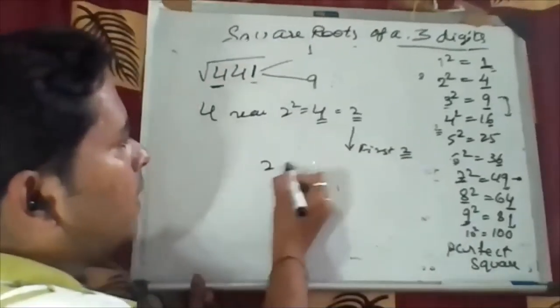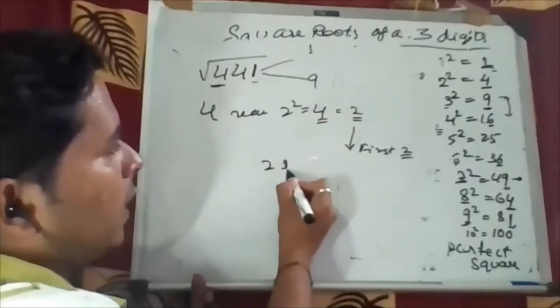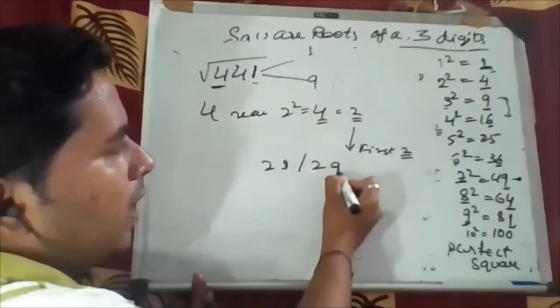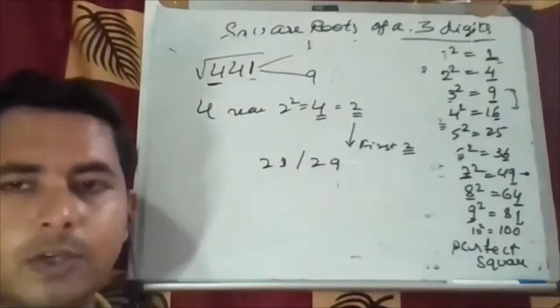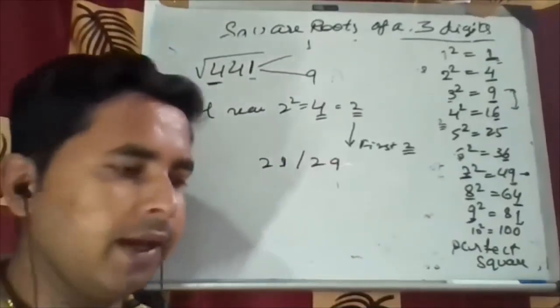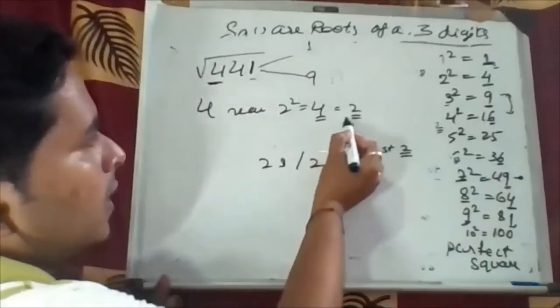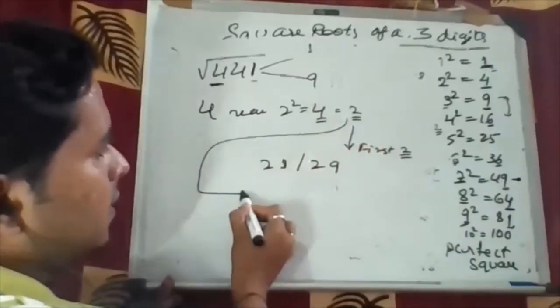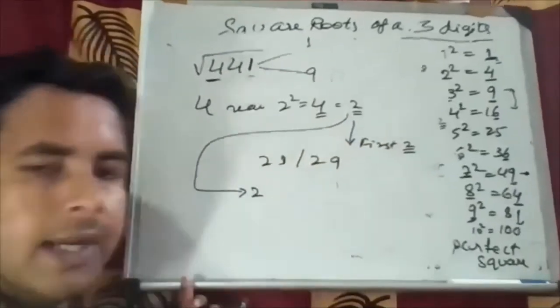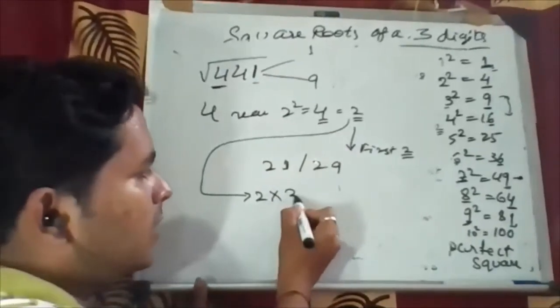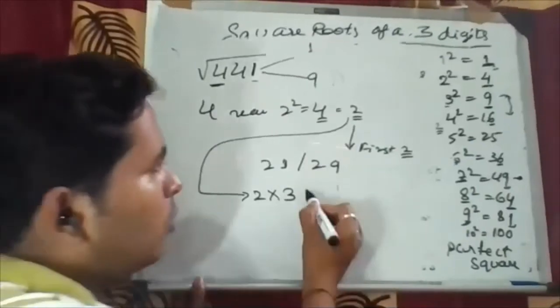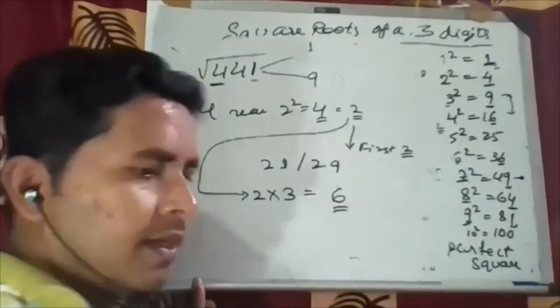And I don't know whether it is 21 or 29. So now I have to verify whether 21 will come or 29 will come. So what you have to do? Take this first digit, that is 2, and increase it by one value. Increase it, the increased value is 3. So what answer did you get? 6.